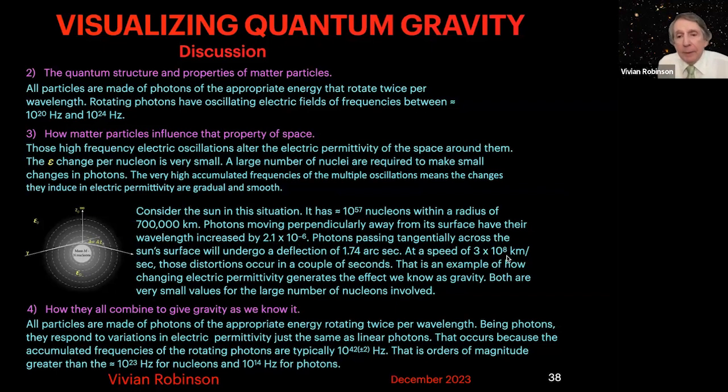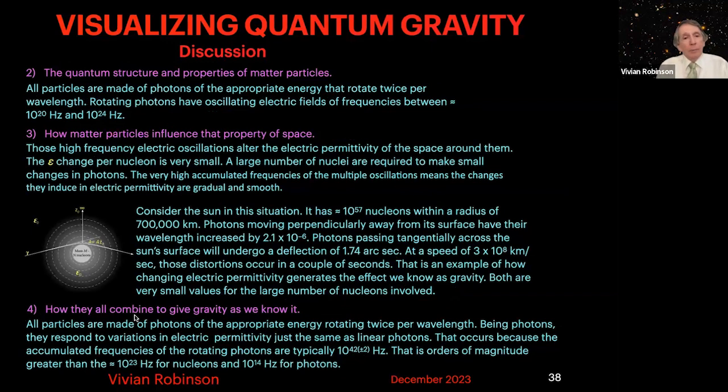At a speed of 3 times 10^8 meters per second, those distortions occur in a couple of seconds. That is an example of how changing electric permittivity generates the effect we know of as gravity. Both are very small values for the very large numbers of nucleons involved.